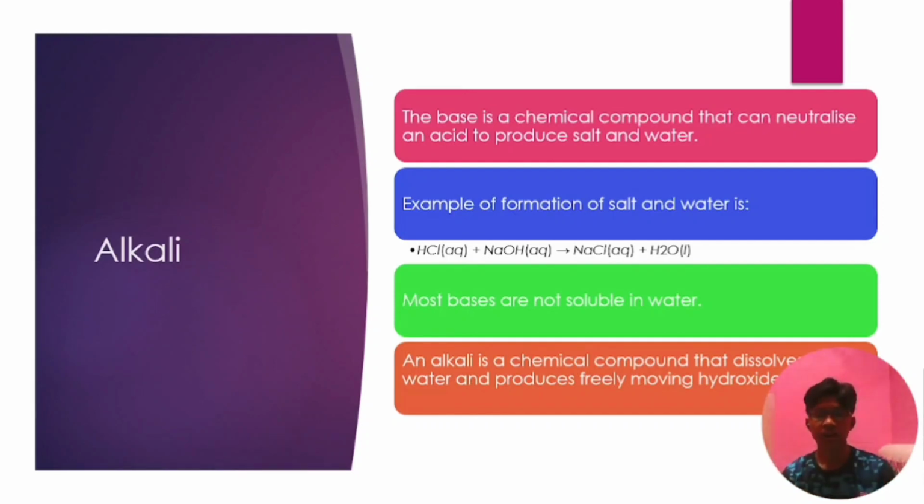Most bases are not soluble in water. So, what is the definition of alkali? An alkali is a chemical compound that dissolves in water and produces freely moving hydroxide ion. It is different from acid. Acid produces hydrogen ion while alkali produces hydroxide ion.